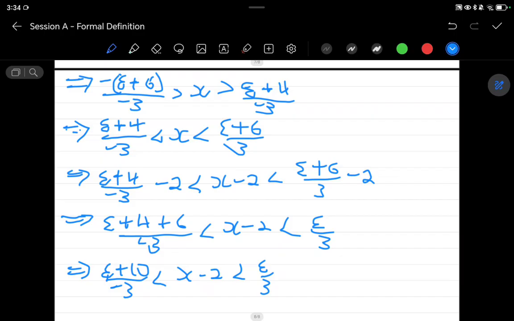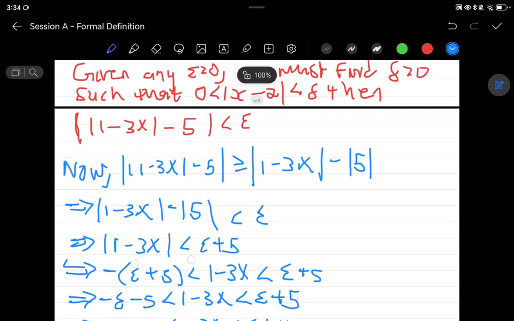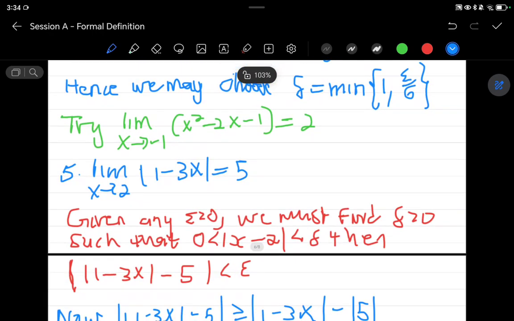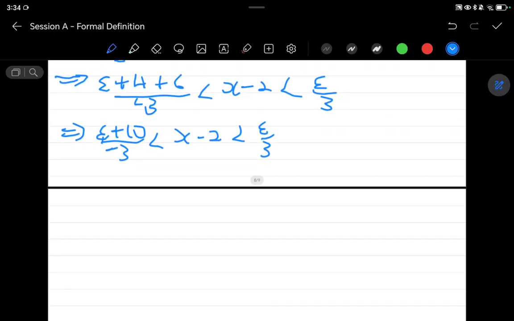So here's what we're going to do. We're going to check this. What are we approaching here? We're approaching 2. So we're going to take this value that we're approaching. Keep it in your mind, I'm going to let epsilon be equal to 2 because we're approaching 2. Then we plug epsilon here, which is 2.